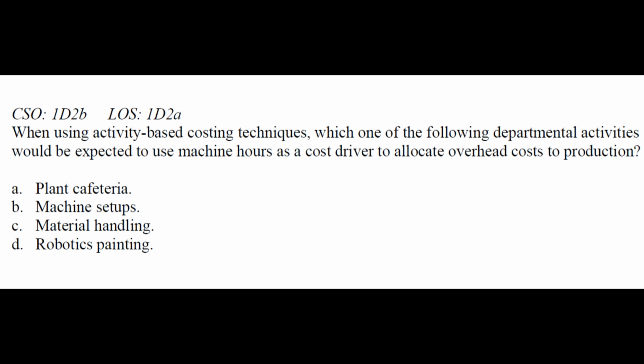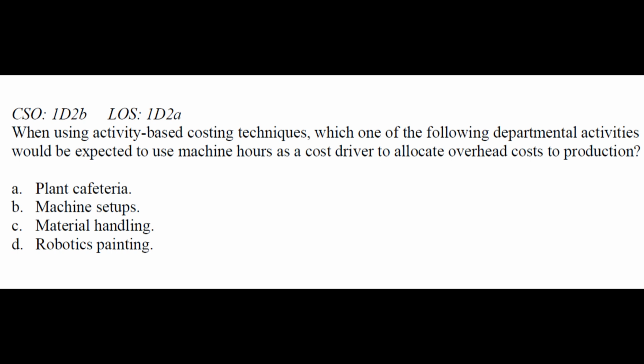Typical cost drivers include machine hours, used when costs are driven by machine usage, number of setups, used for setup-related activities, number of material moves, used for material handling, labor hours or space usage, used for support activities like cafeterias or facilities. The key task is to match the nature of the activity with the most appropriate cost driver.